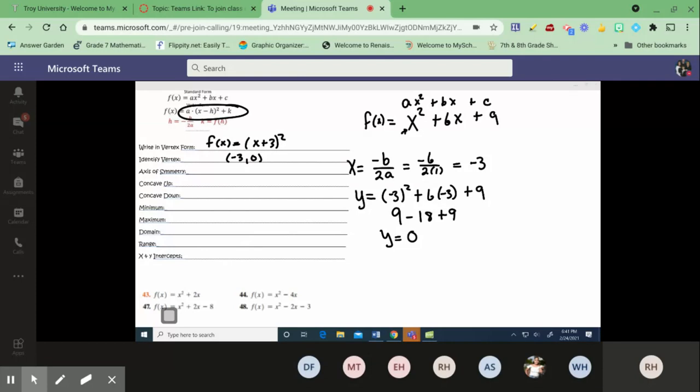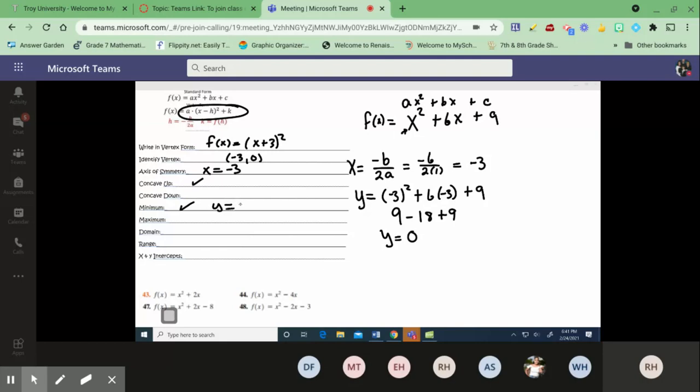And there's no y, right? It's a 0. So just x plus 3 squared. Axis of symmetry, x equals negative 3. My a is still positive, so I'm still concave up. That still gives me a minimum.